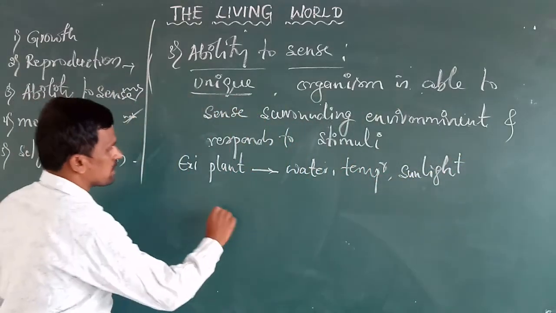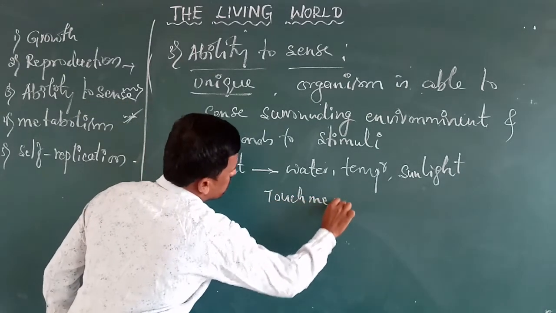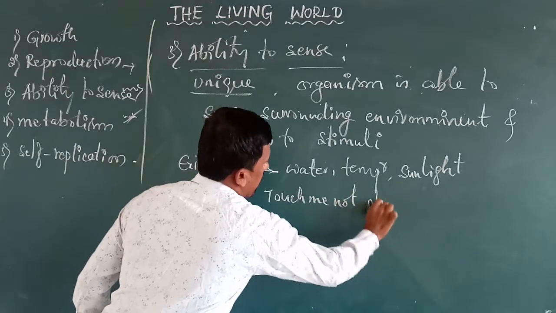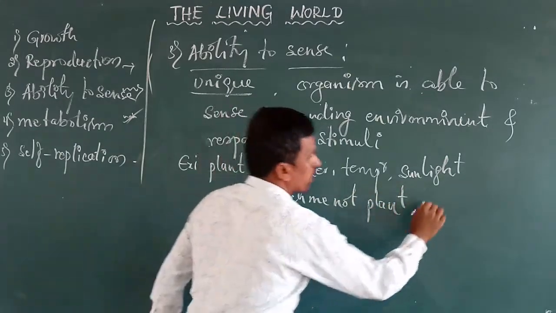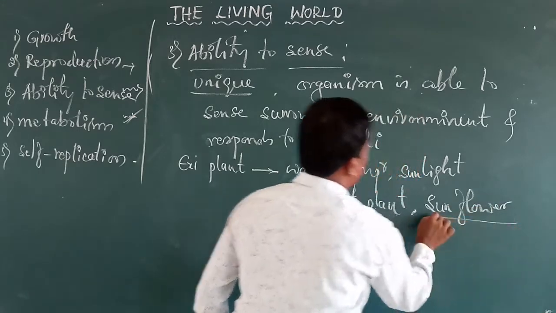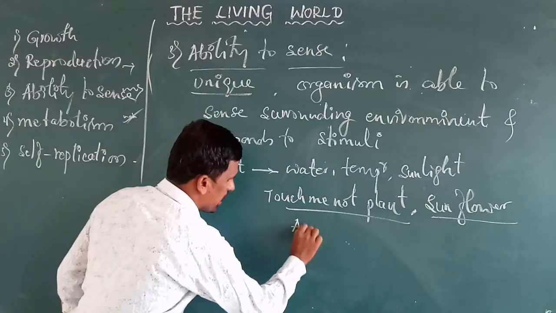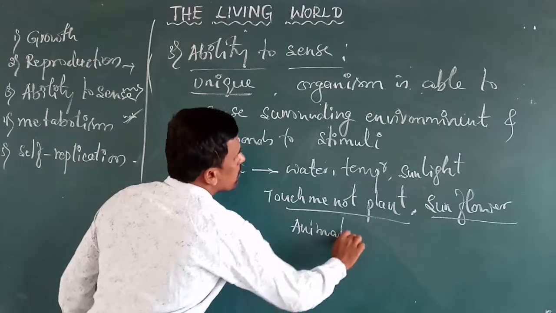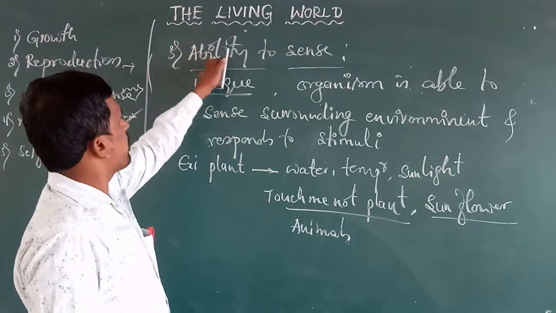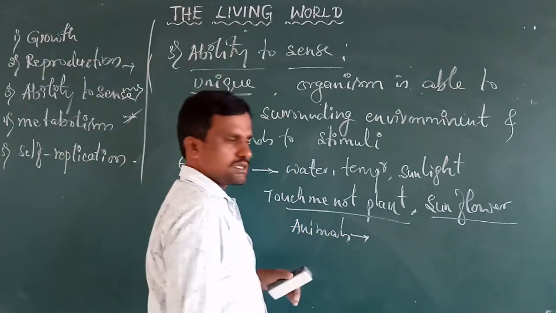Some plants like the touch-me-not plant, sunflower, etc. And in animals, this ability to sense is also a unique property.